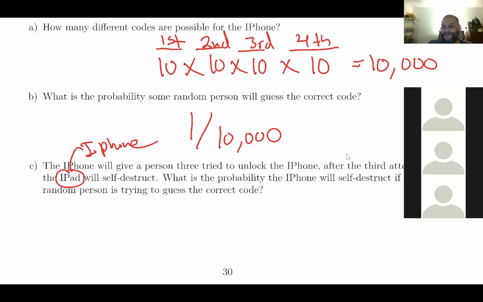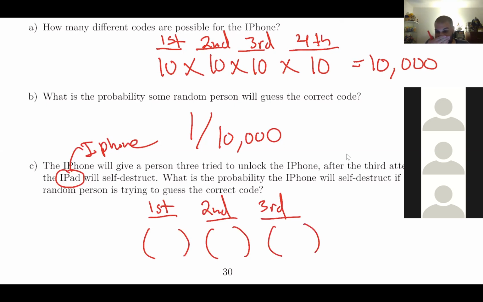There you go, the multiplication rule, because you want the first attempt, the second attempt, and the third attempt. For this one, we want the iPhone to self-destruct, correct? The iPhone only self-destructs when they guess incorrectly. So what's the probability that the first attempt is incorrect?